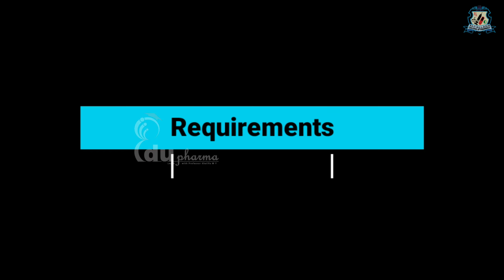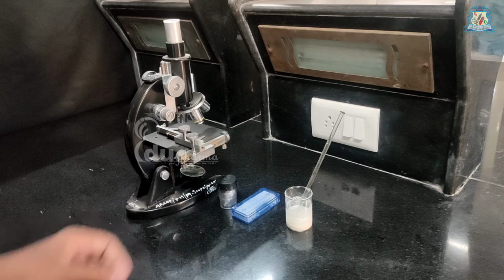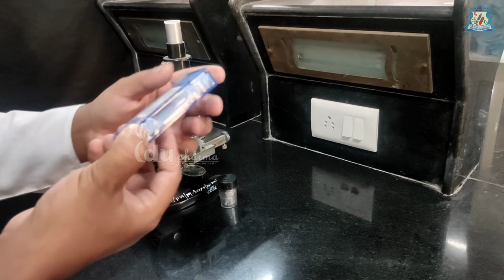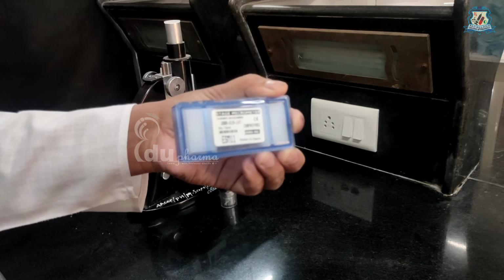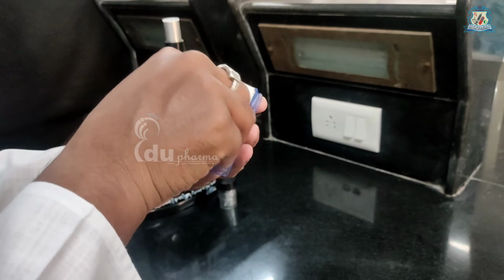Let's see the requirements to perform size analysis by optical microscopy. Very first, we will need a compound microscope, then our sample, and a stage micrometer, which will be needed for calibration of the eyepiece micrometer. Let's see what the stage micrometer is.